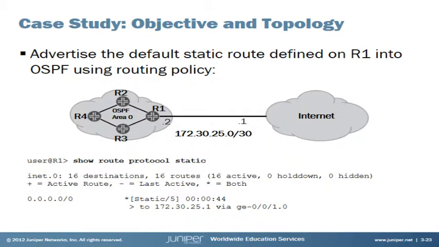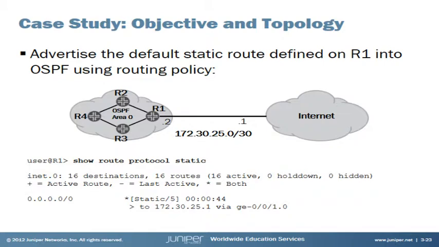But none of the other routers have a direct connection to the internet, only R1 does. So any of the subnets connected to any of these other routers that need internet access are going to have to know about that static route that's on R1.